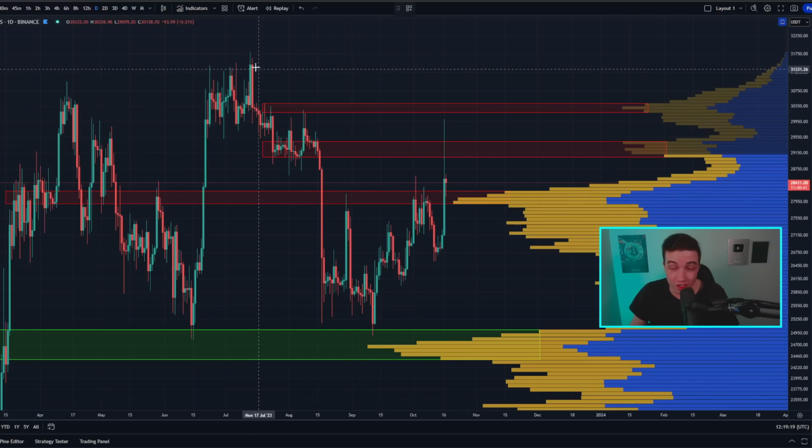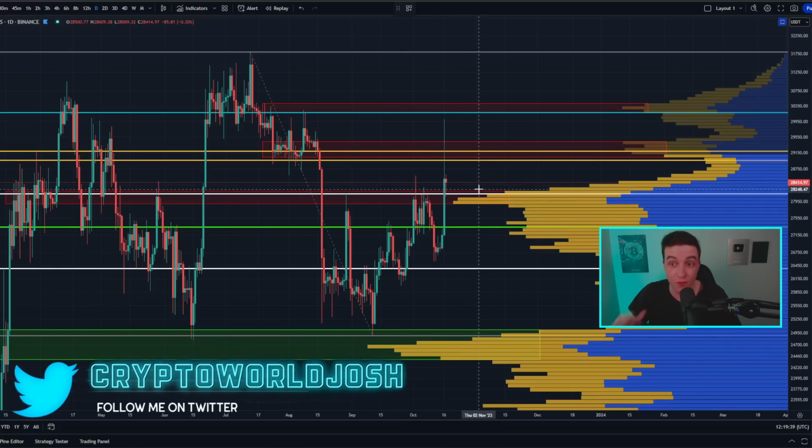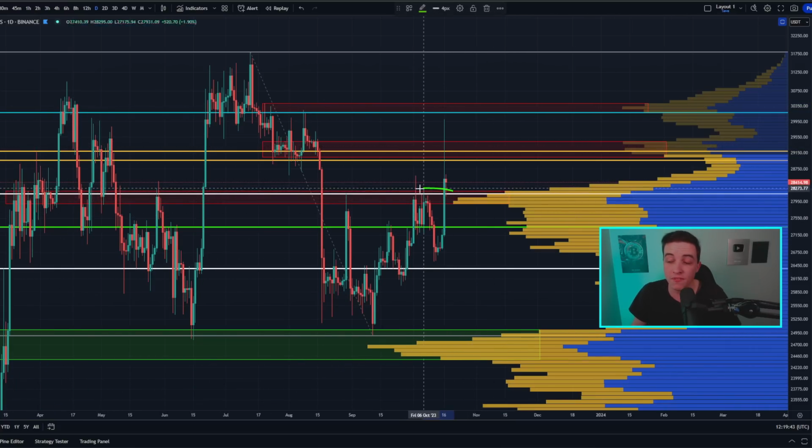And what's very interesting is if you take a look at the Fibonacci retracement tool from swing high to swing low on the logarithmic settings here on the daily time frame, we have some important Fibonacci levels sitting right around these areas of resistance. First of all, the 50% retracement level was sitting at around 28.1k to 28.2k, right where this previous significant area of resistance is sitting at, where we have just broken out above.